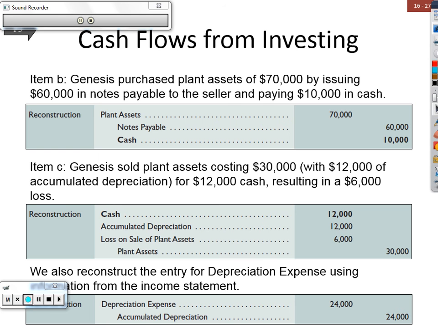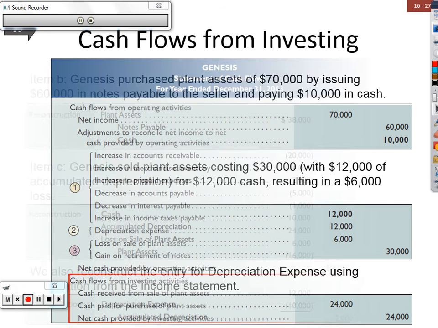They lost how much on the sale? 6,000. And the assets were worth how much? 30,000. So to reconstruct, which basically means to show the loss on the statement itself, is by subtracting that 6,000 from what it was actually worth to show that now the depreciation expense truly is 24,000 and that the accumulated depreciation is 24,000.